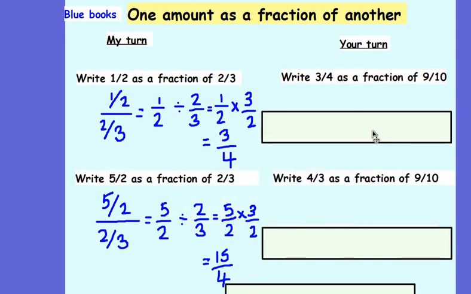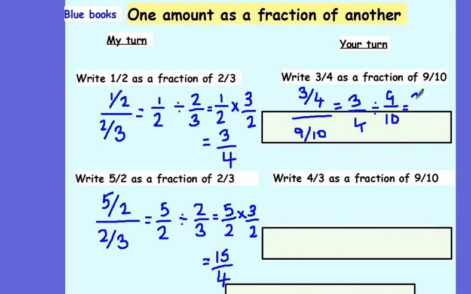Okay, and the answers I was looking for are 3/4 out of 9/10, which gives me 3/4 divided by 9/10.